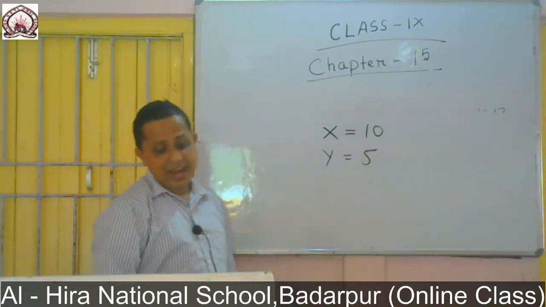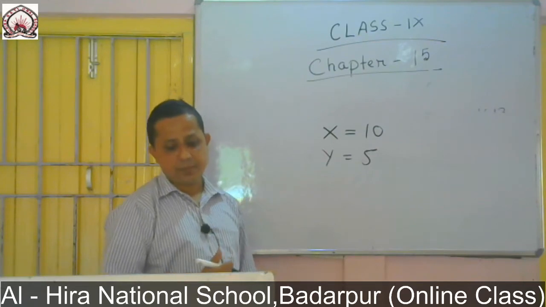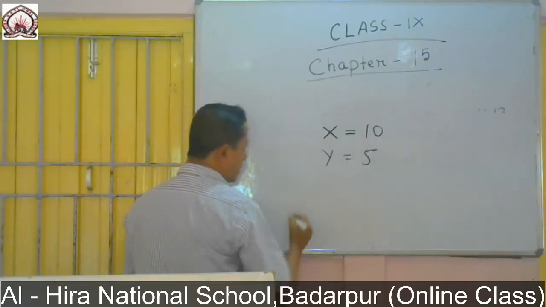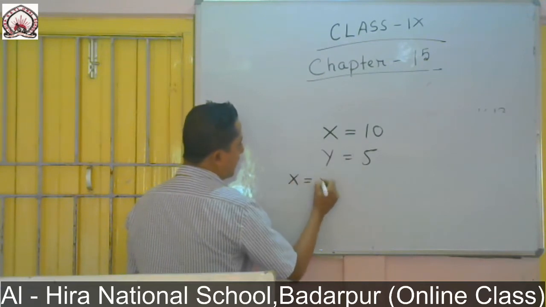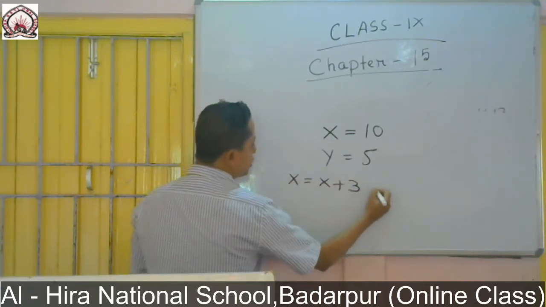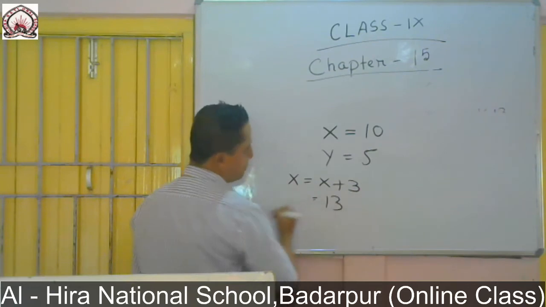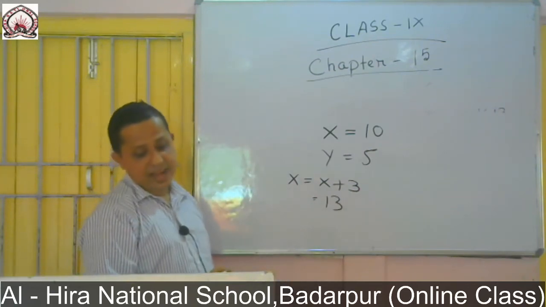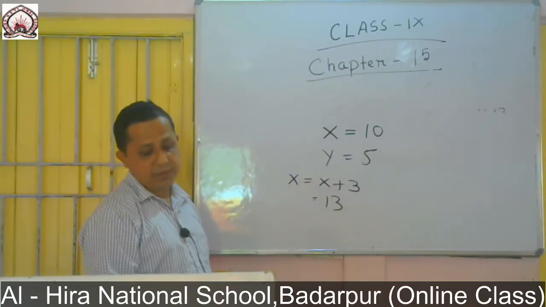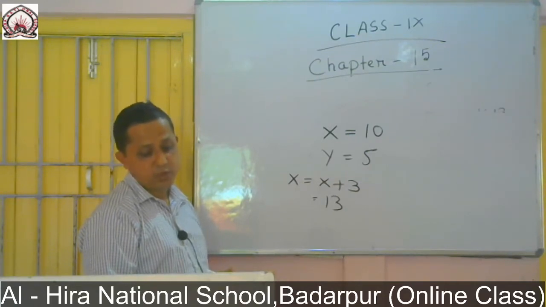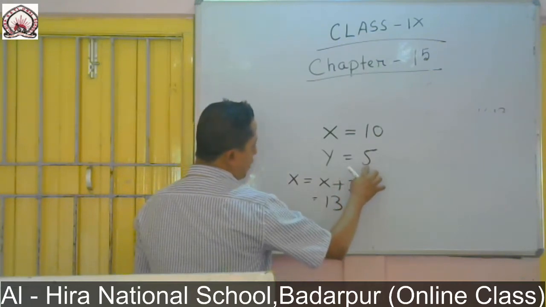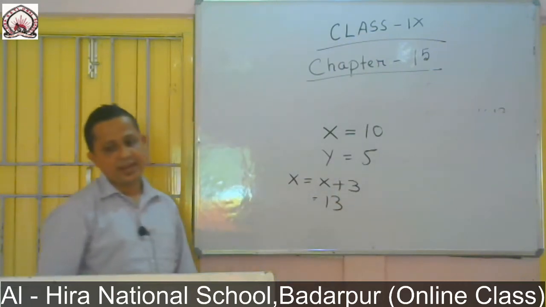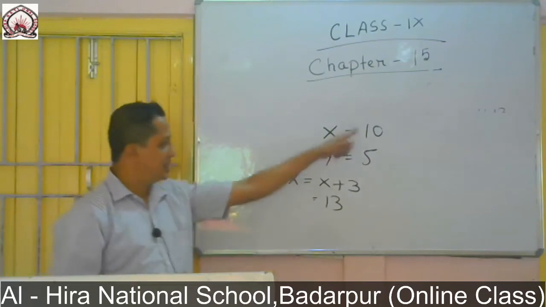Then add 3 to the first number. So I will write x is equal to x plus 3. So it will become 10 plus 3, 13. Then subtract the second number 5 from the first one, that means 10 minus 5.